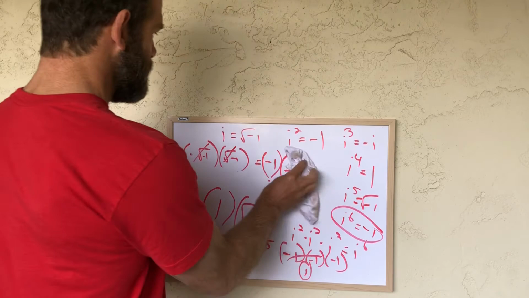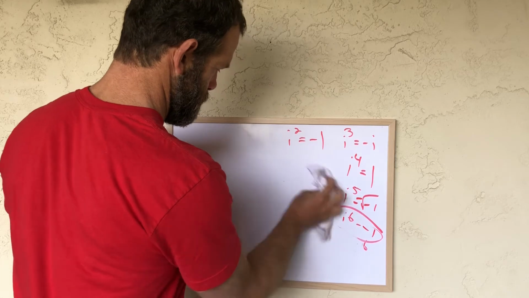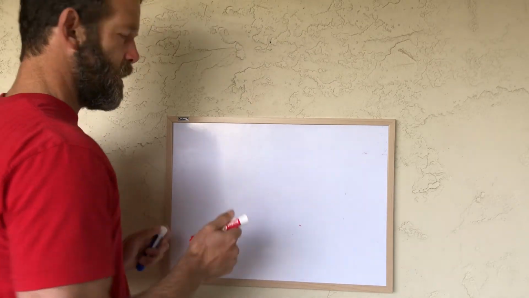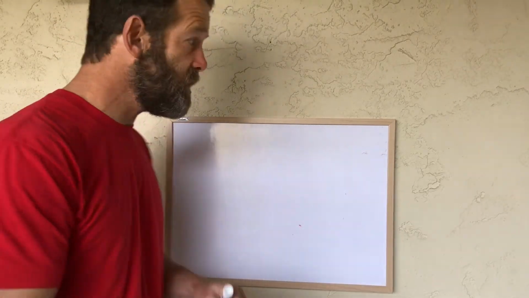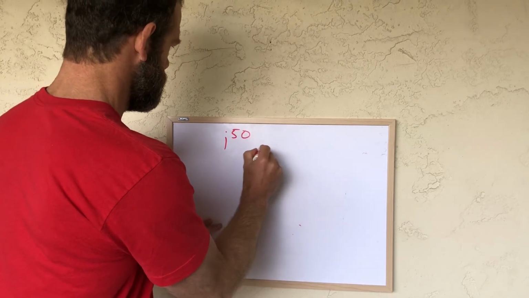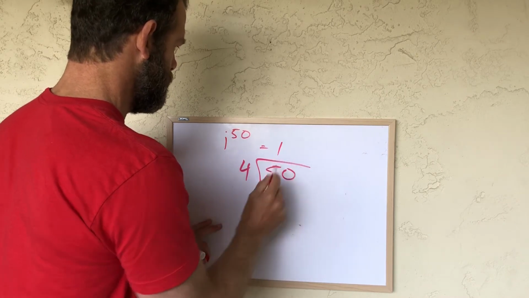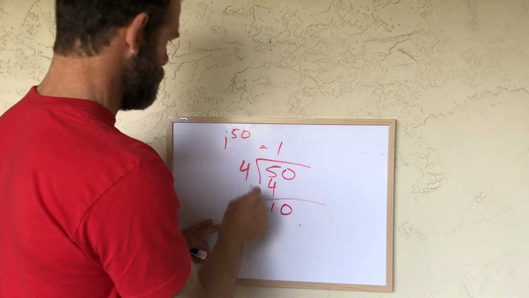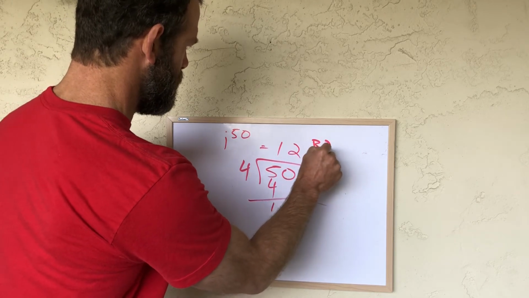So if I were to ask you, what's i to the 50th? What in the heck is i to the 50th? Well, you would divide 50 by 4, and then whatever your remainder is, you would count that over in your i. 50 divided by 4 gives me 12, 48, with a remainder of 2.